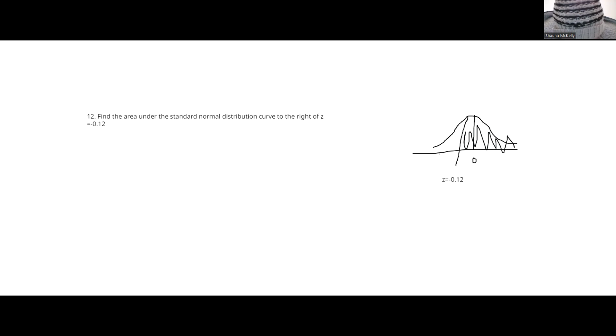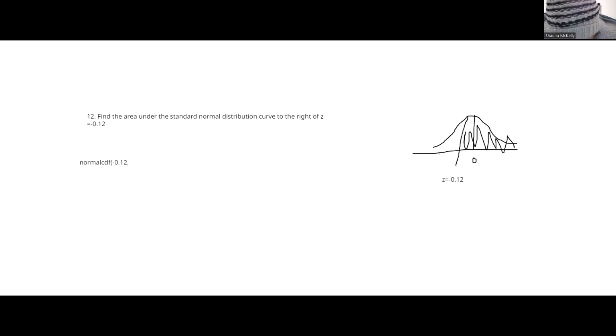So when I write this, I'm going to say normal CDF from negative 0.12, comma, where does it finish? Well, this is infinity over here.